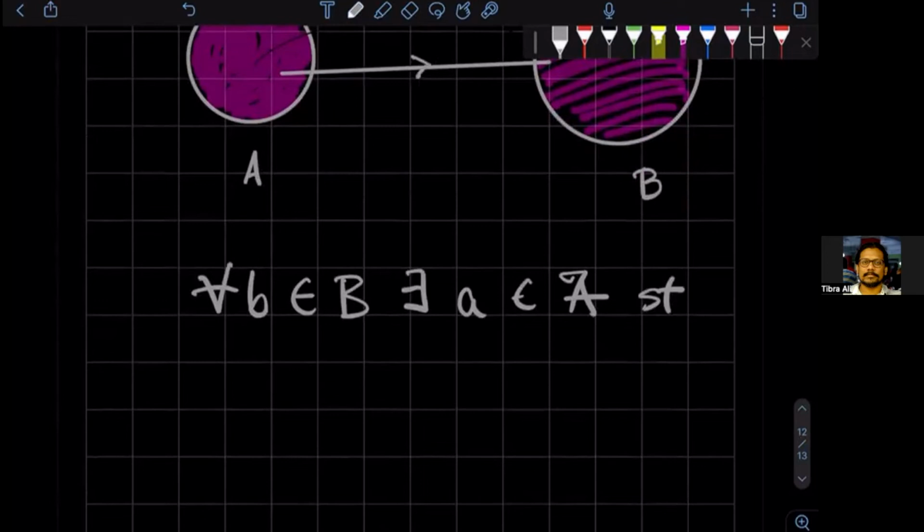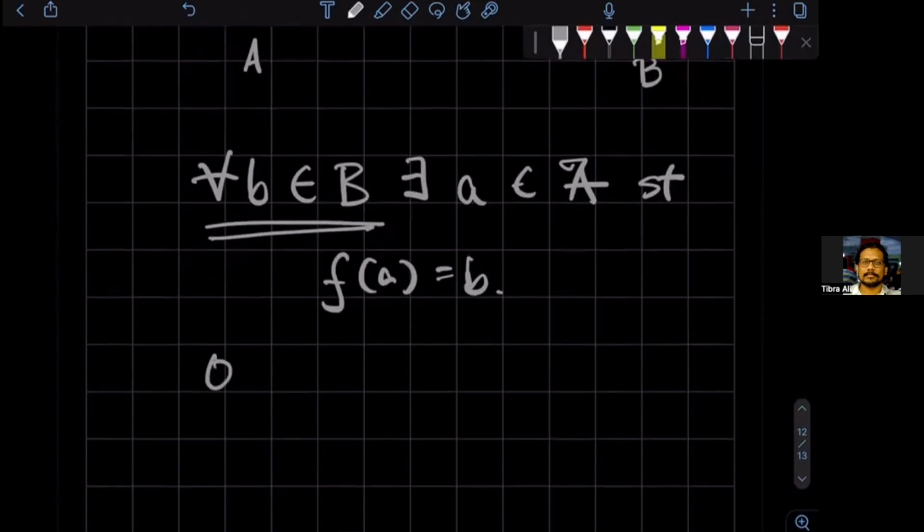These are not groups, these are sets, because we're just talking about maps, not about groups in particular. If that's the case, then it's an onto map. It's also known as a surjection.